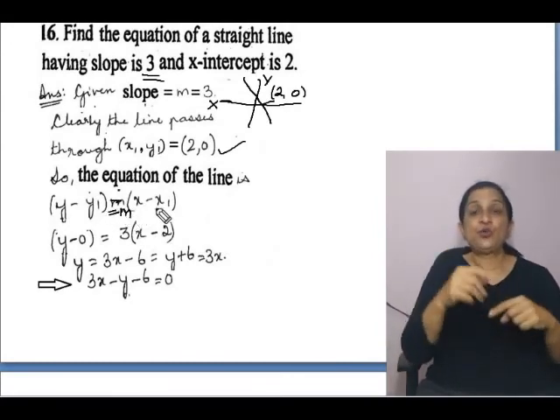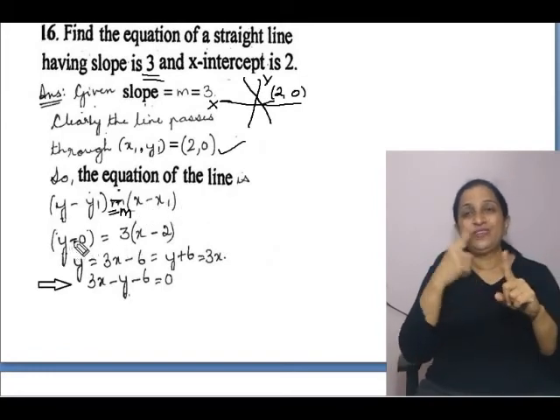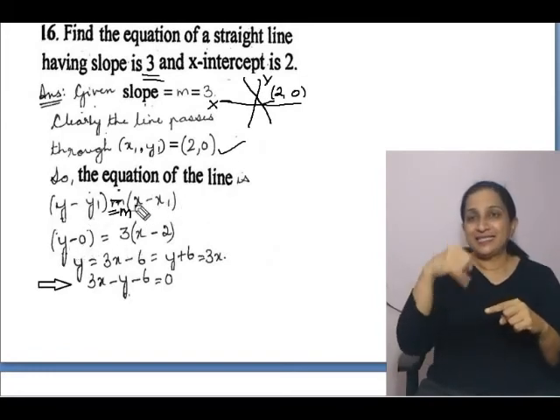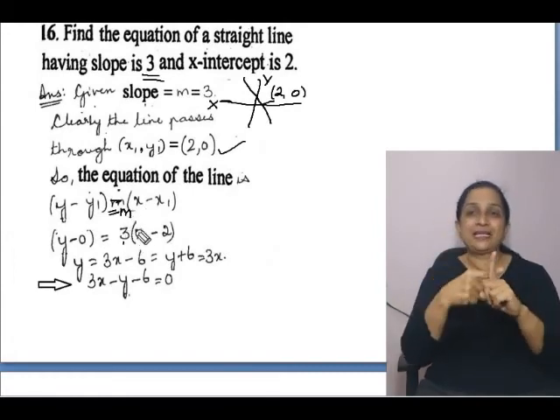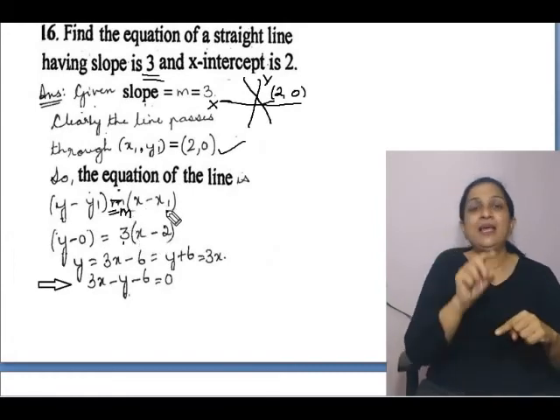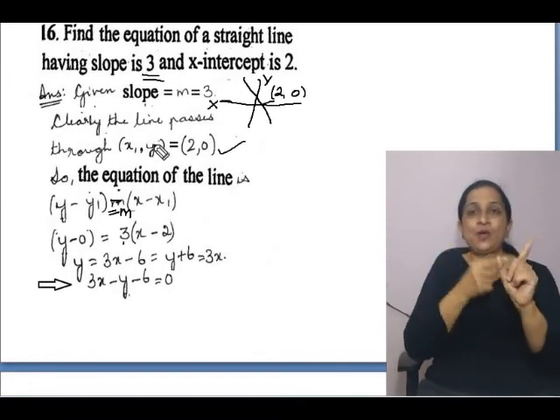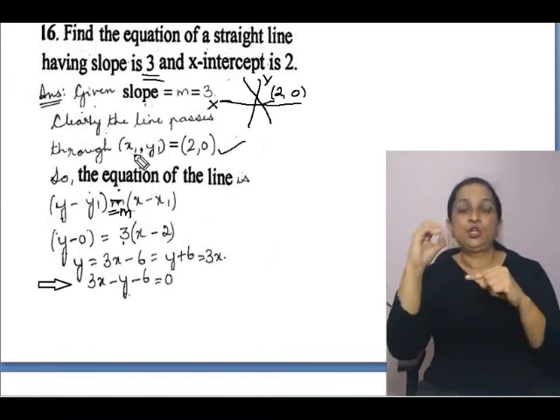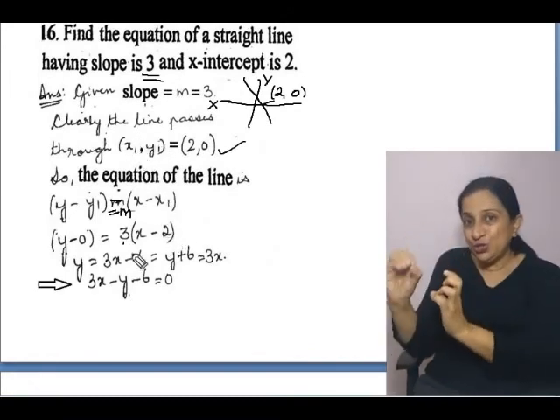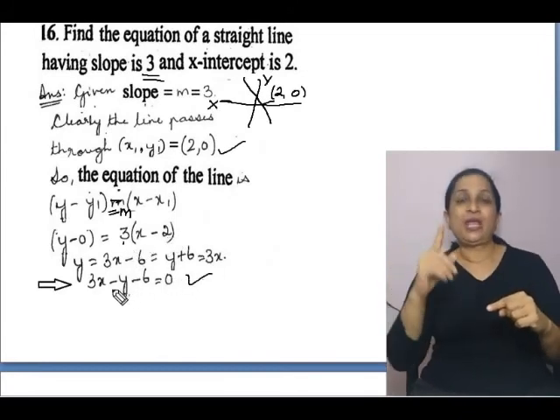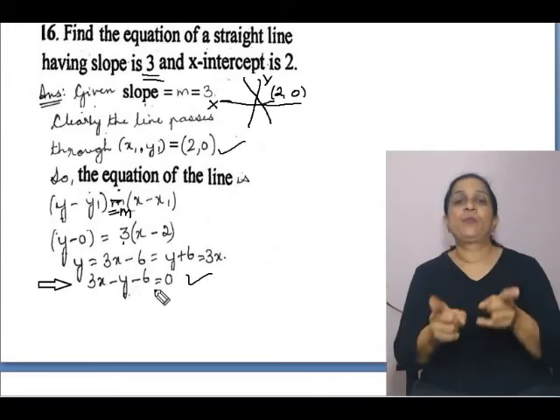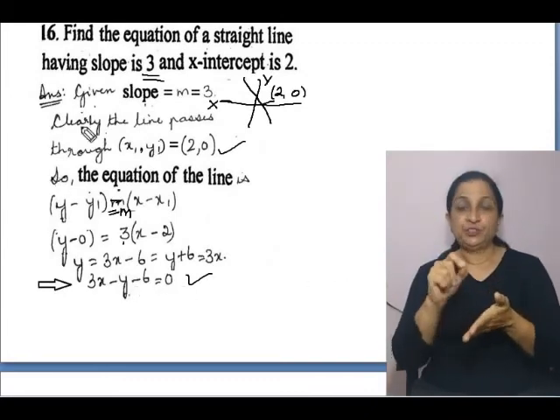So here the y1 value is 0, the slope m is equal to 3 into bracket x minus x1 value, which is 2, right? If you put the value and solve for that, you will get the equation 3x minus y minus 6 is equal to 0.